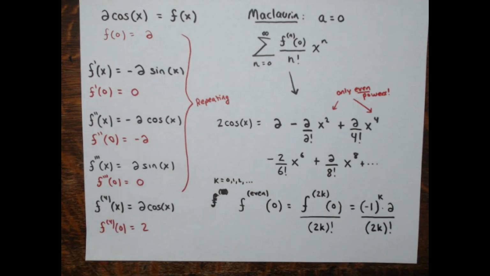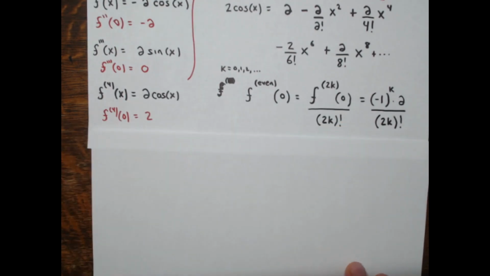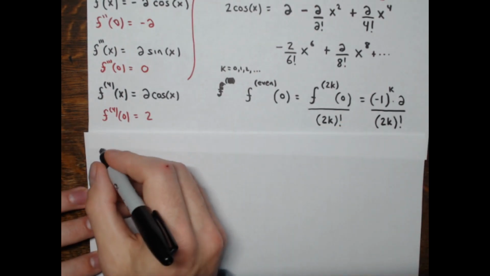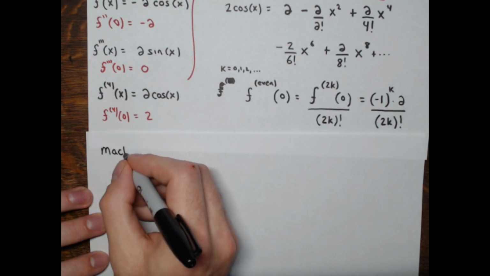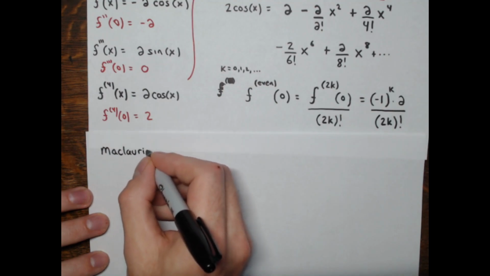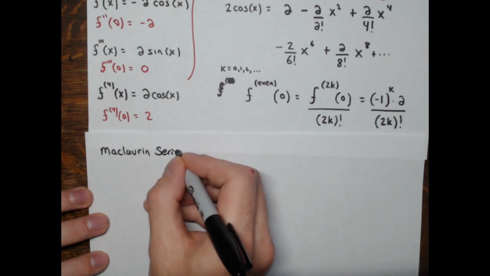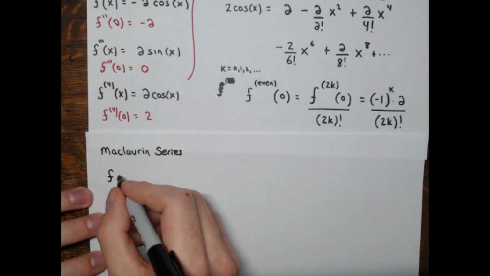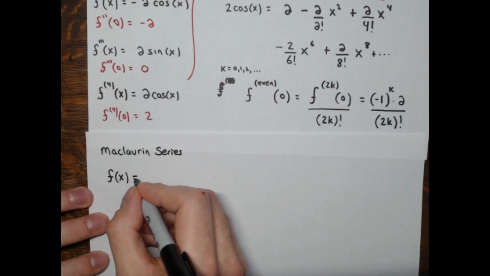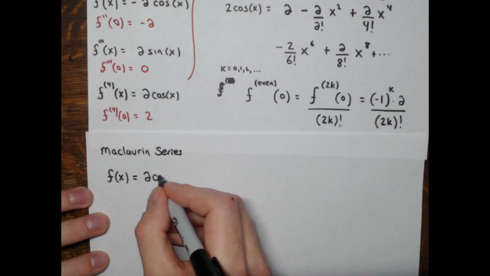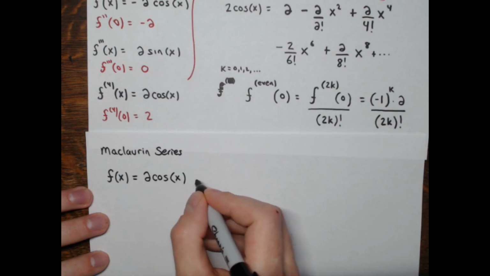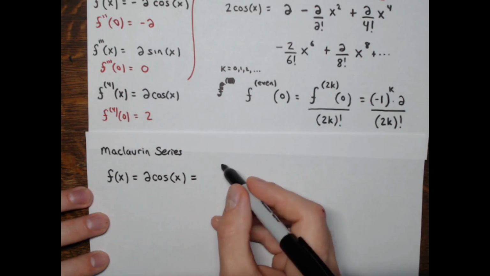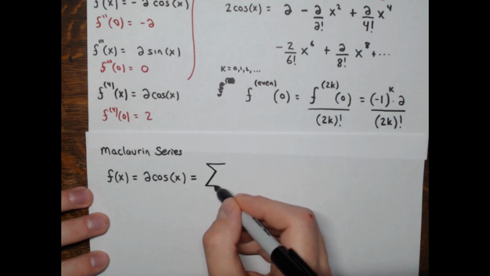So here's the Maclaurin series, the whole thing for this function. So 2 cosine x, I can express as the sum.